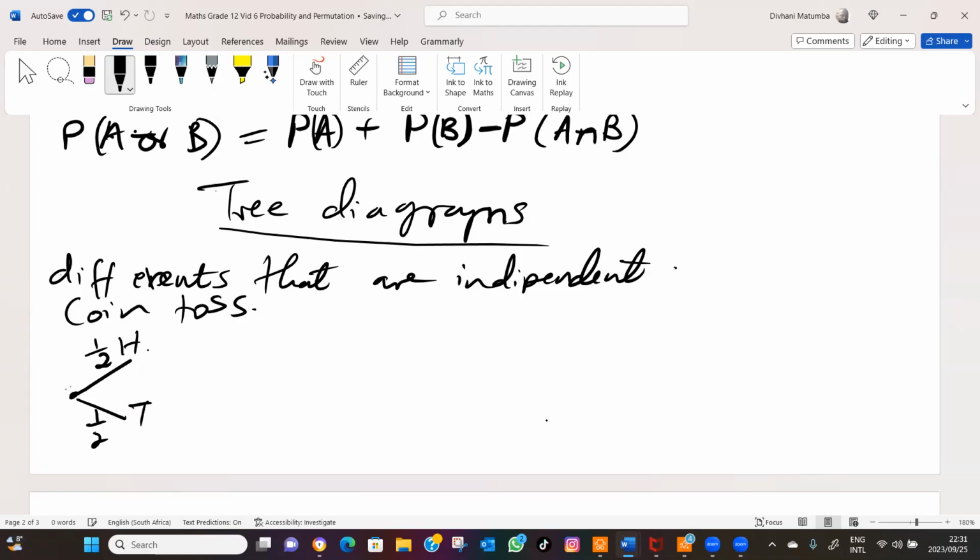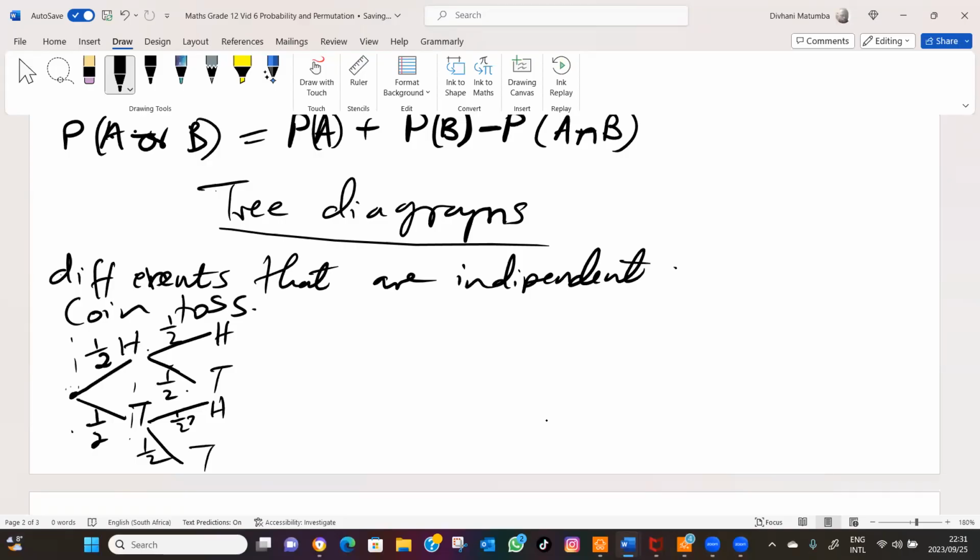This is event number 1. Event number 2, if you flip a coin again, you will get the same results: 1/2 chance of getting a head and 1/2 chance of getting a tail.